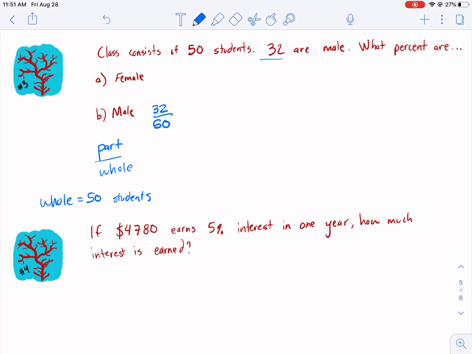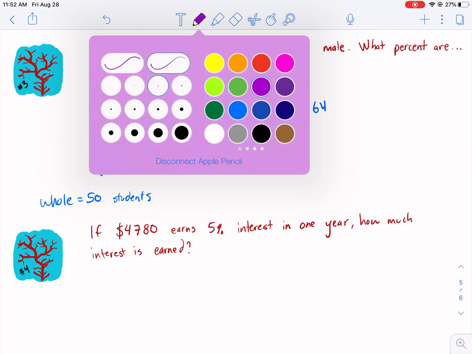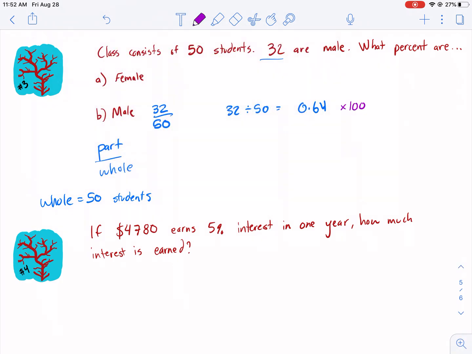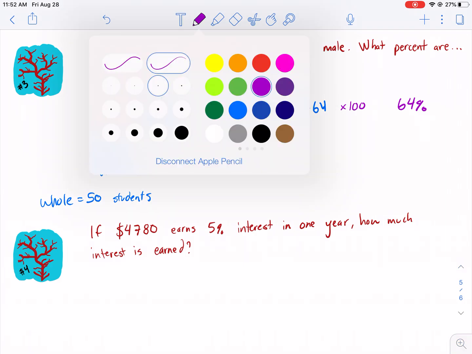Now you could use a calculator, you could long divide this, but essentially you're going to do 32 divided by 50, and you're going to get a decimal. Some of you will be able to do this in your head. 32 divided by 50, and we get 0.64. As I shared above, what you need to do now is multiply this by 100, or move the decimal place 2 times to the right, and you get 64%. Now, I think the easiest thing to do would be to just subtract that from 100 and get the female, but I'm going to show that we can do it another way.